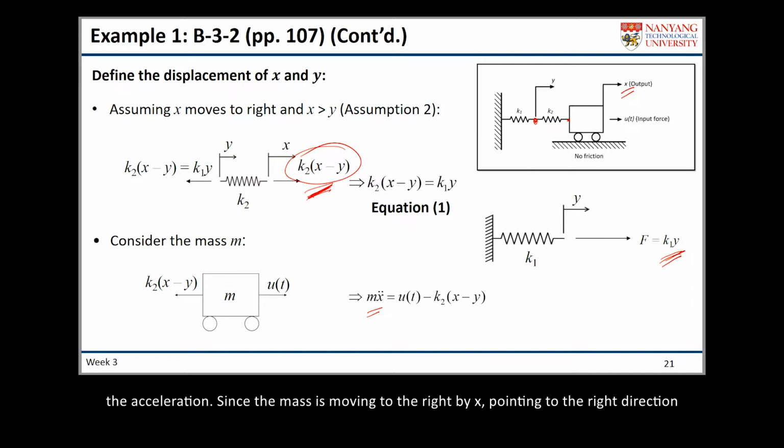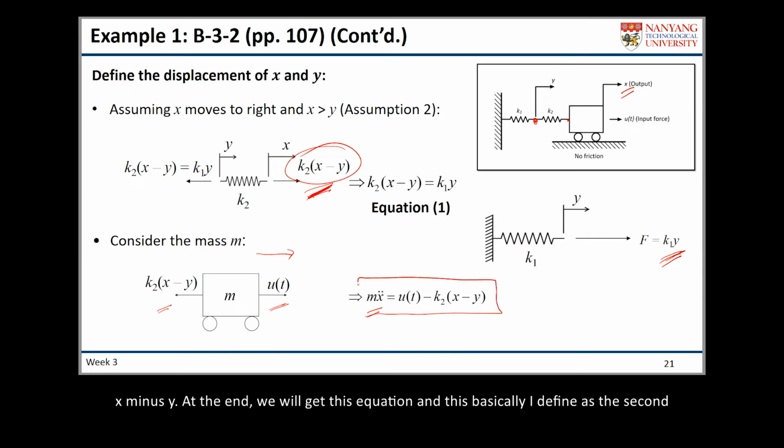Since the mass is moving to the right by x, pointing to the right direction is a positive direction. So m x double dot will be equal to positive u minus K2 times (x minus y). So at the end, we will get this equation. And this basically is what I define as the second equation.